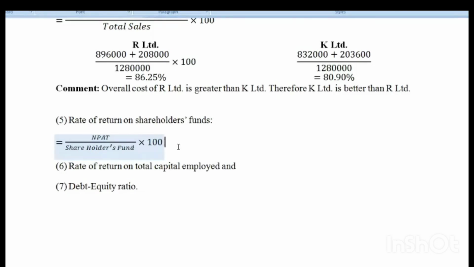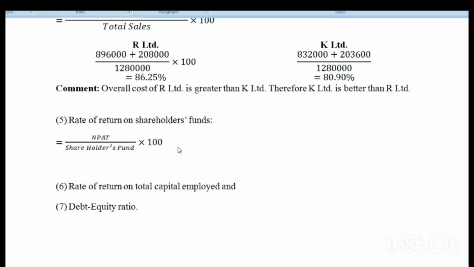Is everybody getting it? The formula is correct. And here shareholders fund means equity shareholders fund.